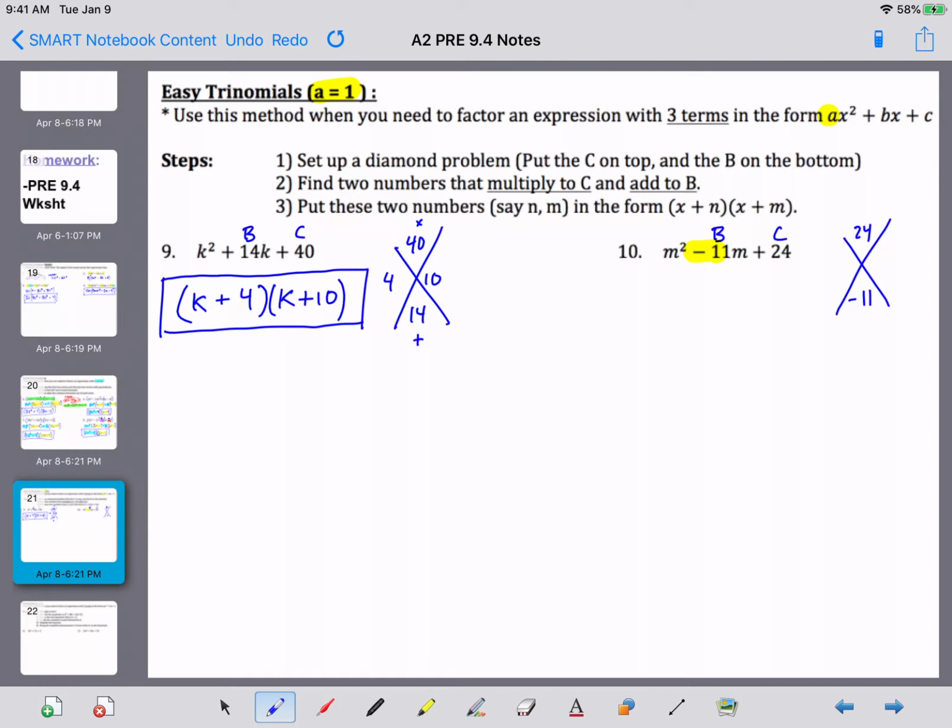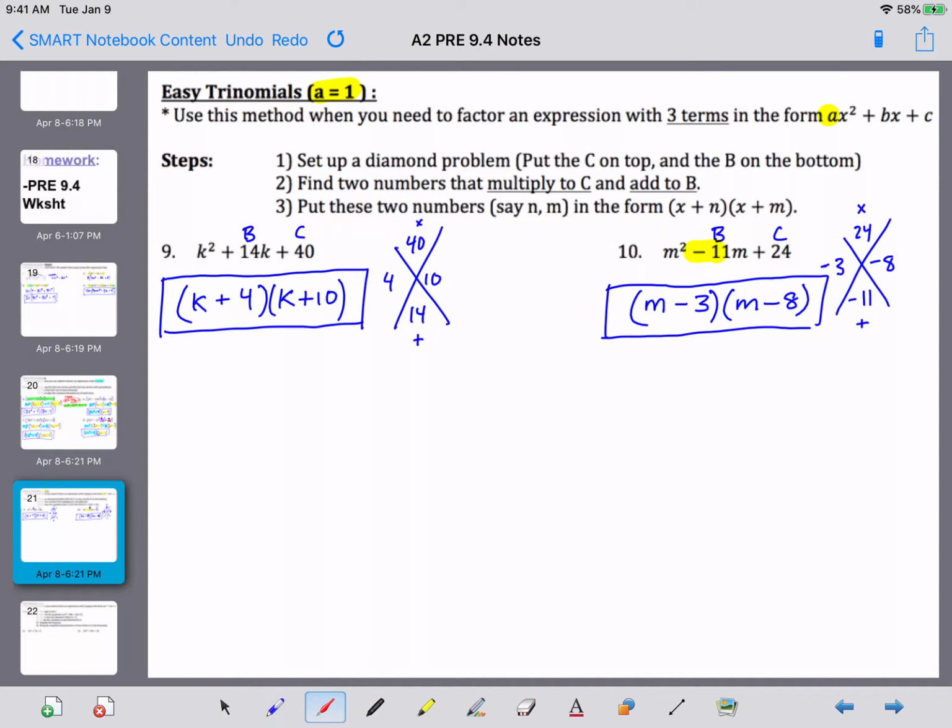So now we're trying to think of two numbers that multiply to give us positive 24 and add up to negative 11, which is a little bit tricky, but negative 3 times negative 8 is positive 24, and those do add up to negative 11. So we've got m minus 3 times m minus 8, which is our factored answer.